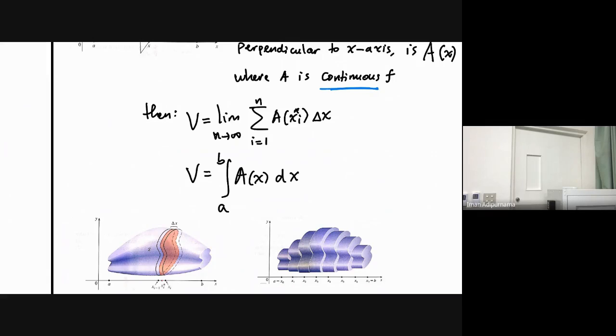I give you the disk because that's the most general case in our calculations. So this is the area, this is the delta x. It's just an approximation: this height multiplied with the area becomes the volume. And we need to add all the small volumes here to become the big volume. And we can write this setup as the integration from a to b of the area function multiplied by dx.